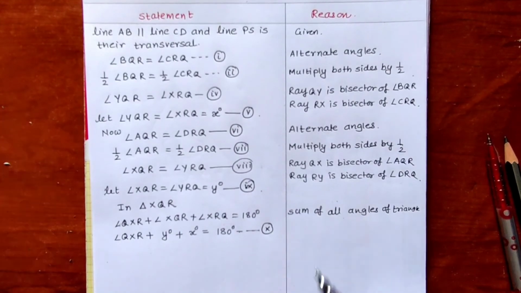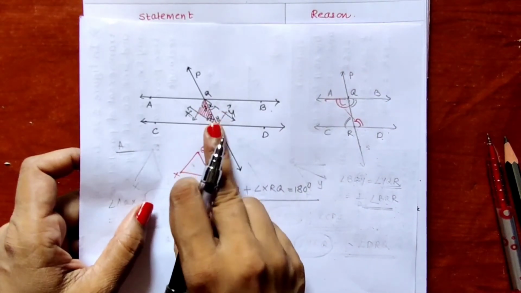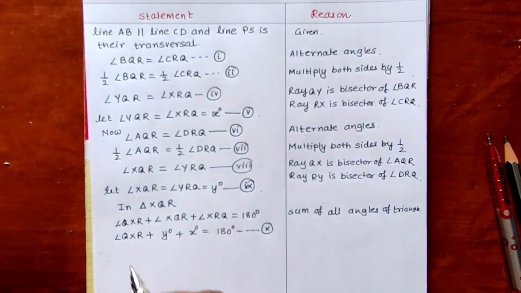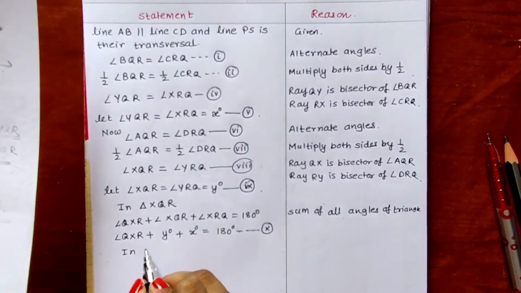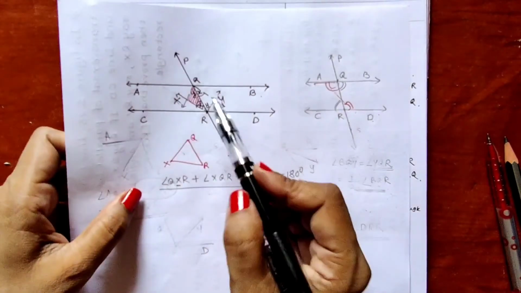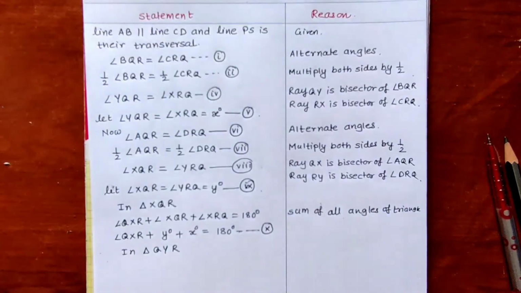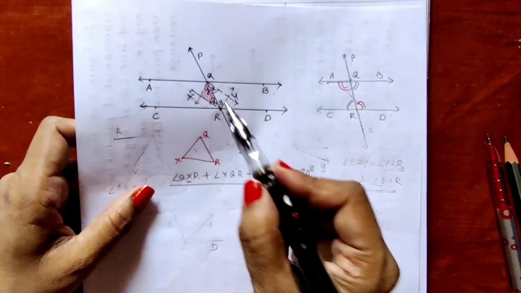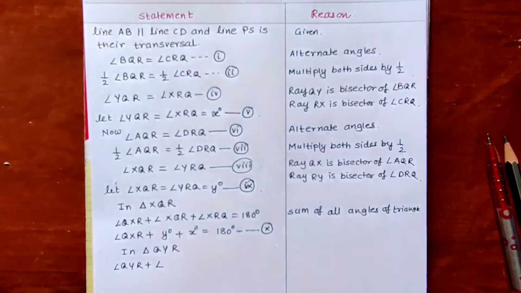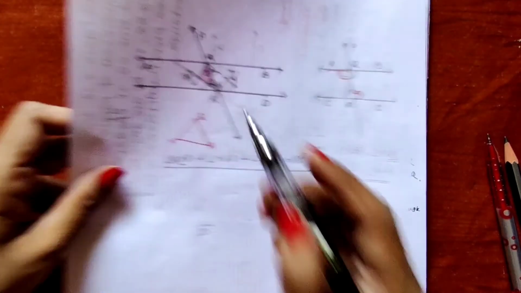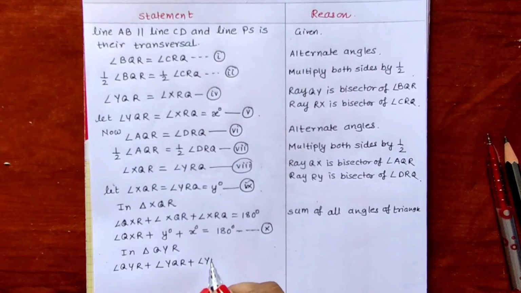Then same thing we can apply on the right hand side of the triangle. Name of right hand side triangle is QYR. In triangle QYR, which are the three angles? Angle QYR plus angle YQR plus angle YRQ is equal to 180 degree.